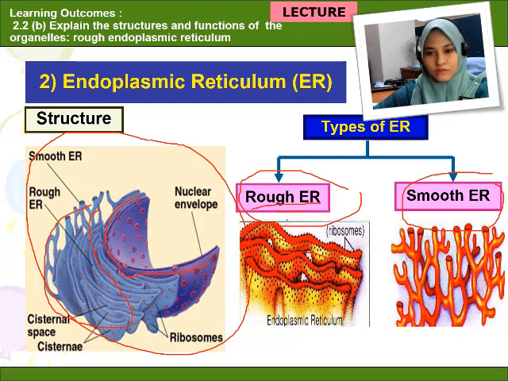While the smooth ER, SER, consists of more tube-like sacs. As you can see, the sacs are in the form of tubes, and they lack ribosomes. As you can see in the picture, there are no dotted-like structures, so it doesn't have any ribosomes on its outer surface and appears smooth. That is why it is called smooth ER.